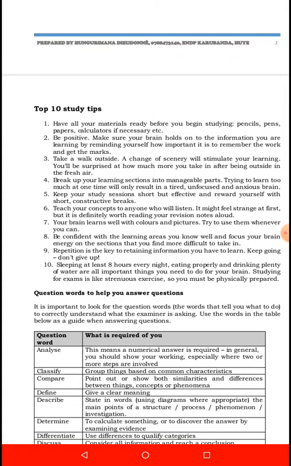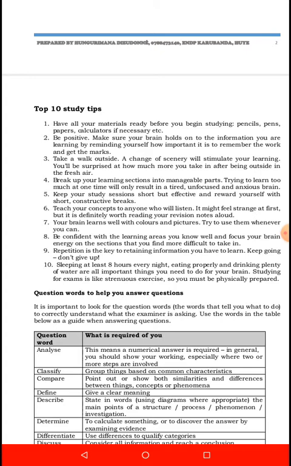You have to note these tips so that you will follow each and everything and try to understand it. Have all your material ready before you begin studying: pencil, pen, paper, calculator if necessary, and be positive. Make sure your brain holds onto the information you are learning by reminding yourself how important it is to remember the work and get the marks.